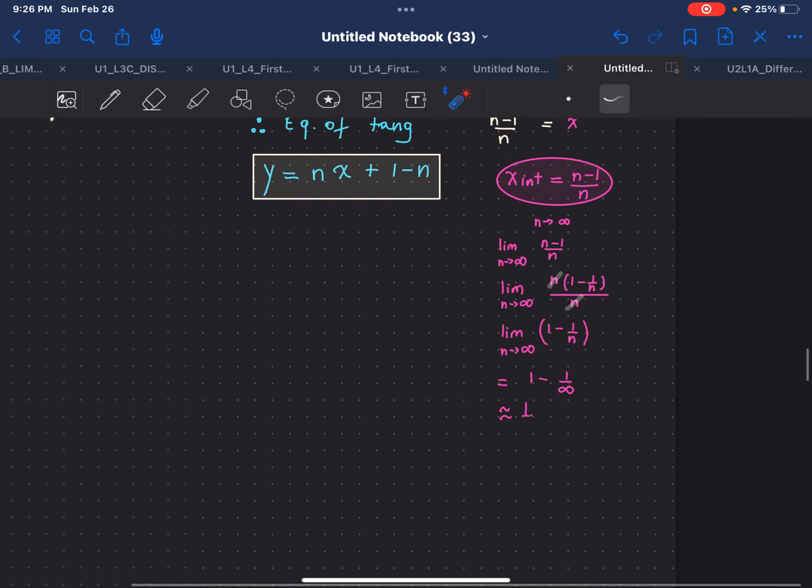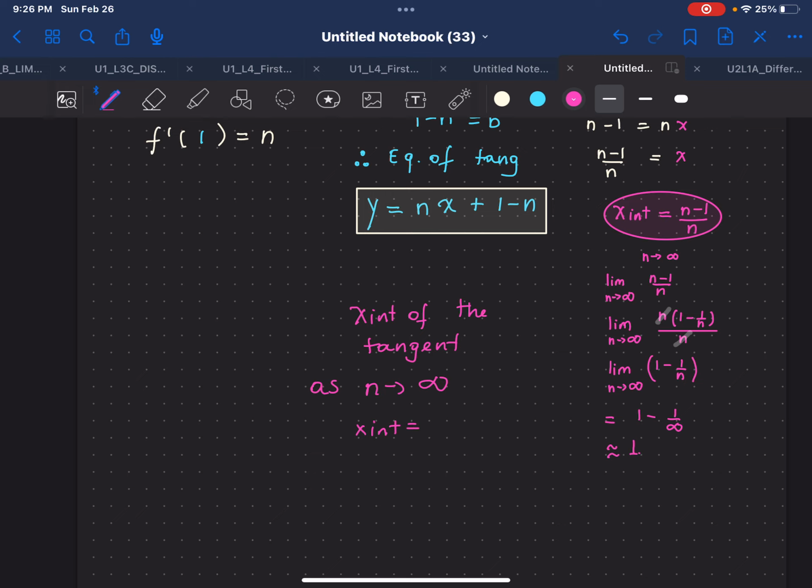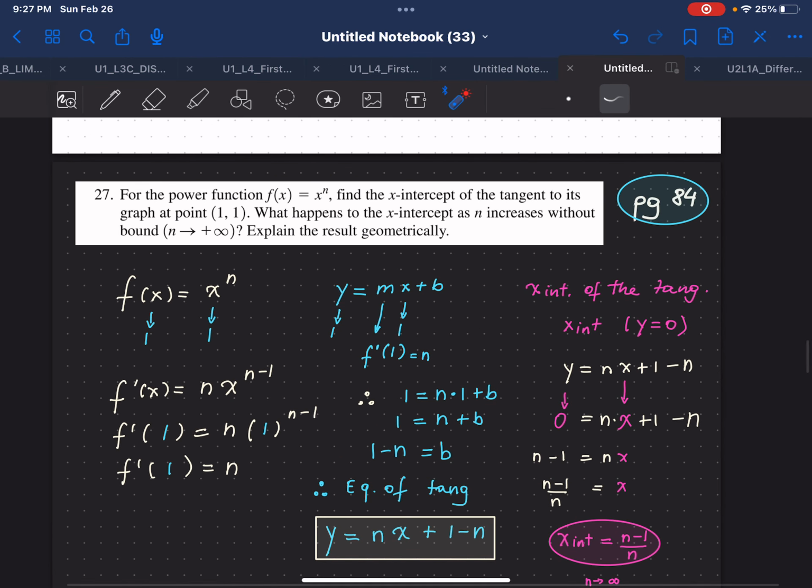So therefore, we're going to say that the x-intercept of the tangent as the power of the function approaches infinity will be equal to about 1. So with this, we've answered the second part of the question.